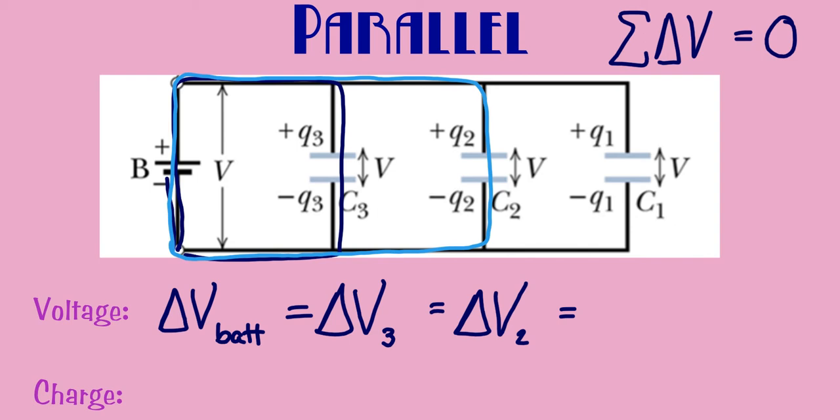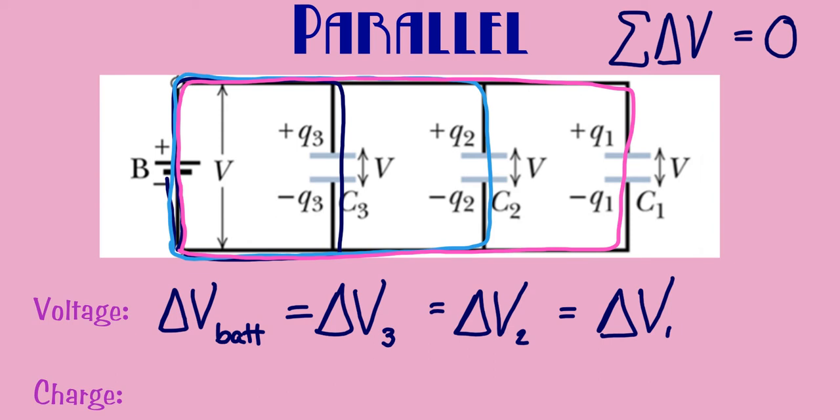And finally, I could do the exact same thing, but my loop could go through C1. And I'd find the same thing, that the potential difference across C1 must be equal to the potential difference across C2, which must be equal to the potential difference across C3, which must be equal to the potential difference across the battery. Again, this is all thanks to the loop rule, one of Kirchhoff's laws.